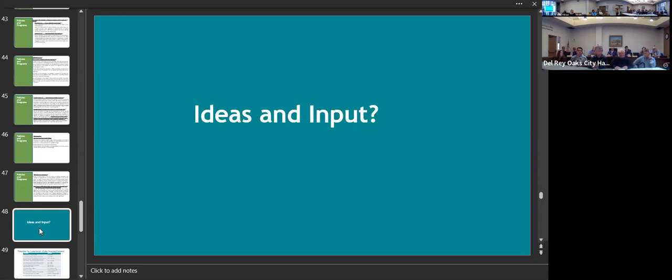Denise, I was just looking back at one of our previous workshops, and it was brought up about doing permit fees based on square footage as opposed to units. Would that be a program? That's a great idea. So, permit fees based on square footage as opposed to the unit.